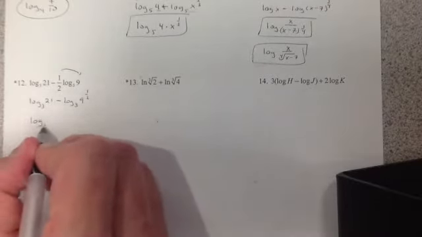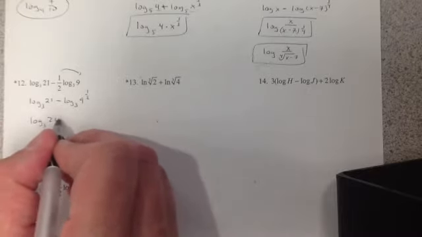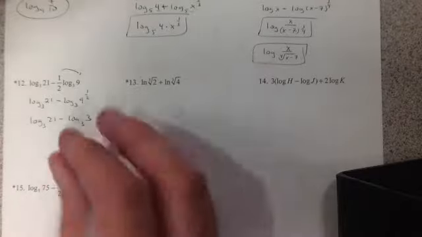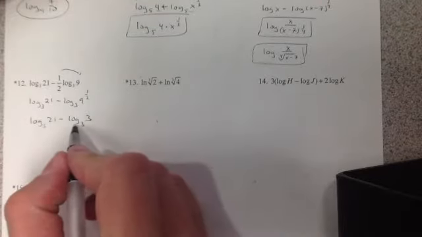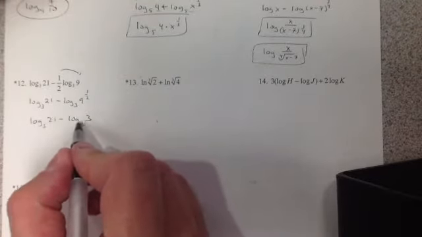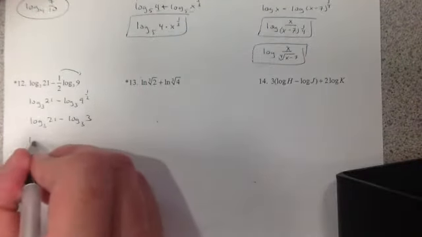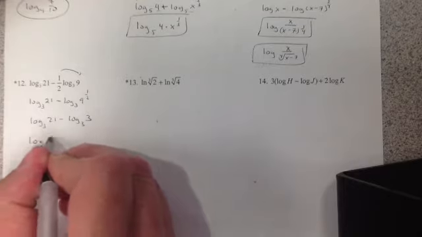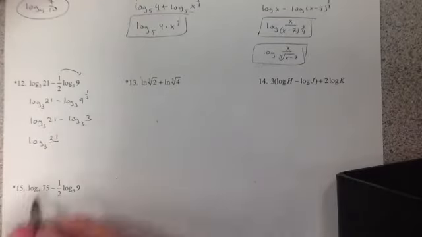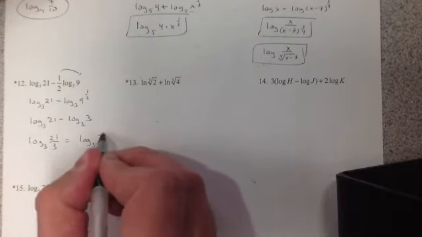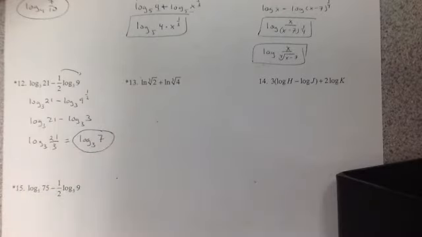The log base 3 of 21 minus the log base 3 of 3. Now, although I can simplify log base 3 of 3 as 1, I'm not going to because I want to write this as a single logarithm. So I get 21 over 3, and it actually comes out pretty nice. That's the log base 3 of 7. Very nice to do.